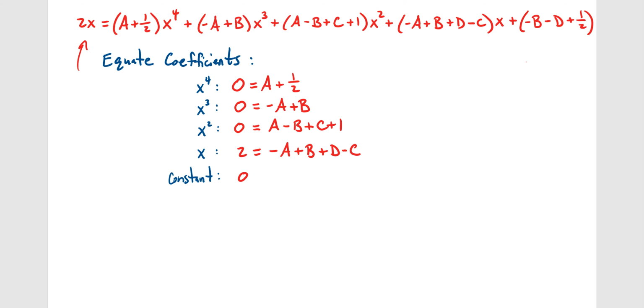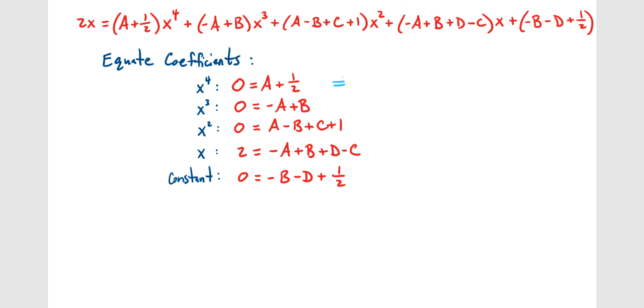On the right, we have negative b minus d plus 1/2. And now we pretty much have 5 equations with 4 variables. So we actually won't even need that last one for the constant because we have 4 equations, 4 variables without it. So let's go ahead and solve these.